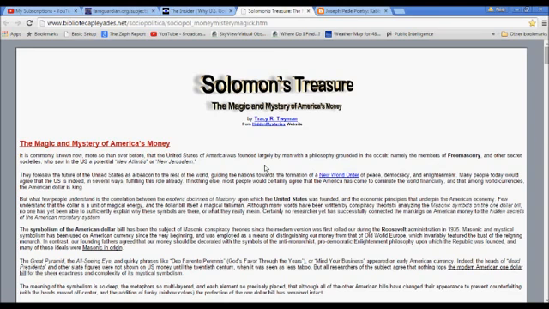The magic and mystery of America's money. It is commonly known now, more so than ever before, that the United States of America was founded largely by men with a philosophy grounded in the occult, namely the members of Freemasonry and other secret societies who saw in the U.S. a potential New Atlantis or New Jerusalem. They foresaw the future of the United States as a beacon to the rest of the world, guiding the nations towards the formation of a new world order of peace, democracy, and enlightenment.